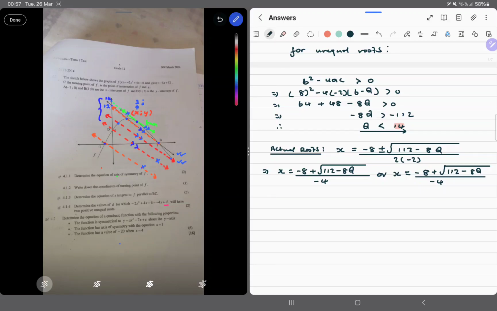Let's just see. So now we get 2 root 58. Then minus 8. That gives us a positive 7,23. Divide by a negative number, it gives us a negative. So this one is undecided. It can give you a negative answer. It can give you a positive answer.